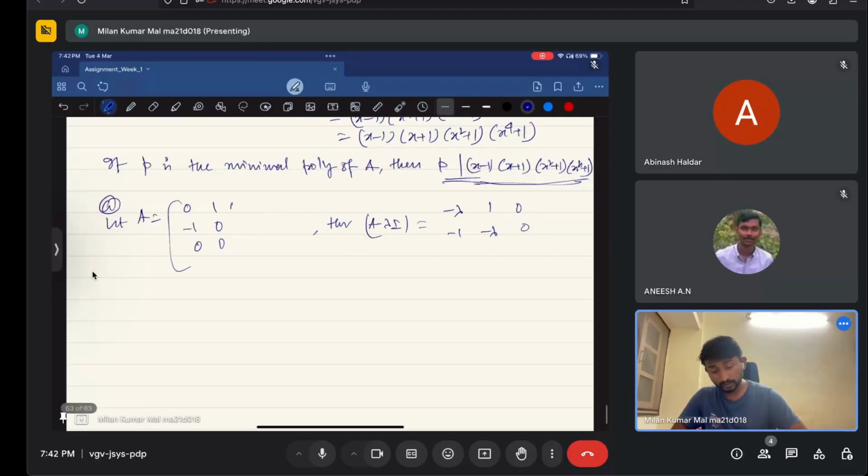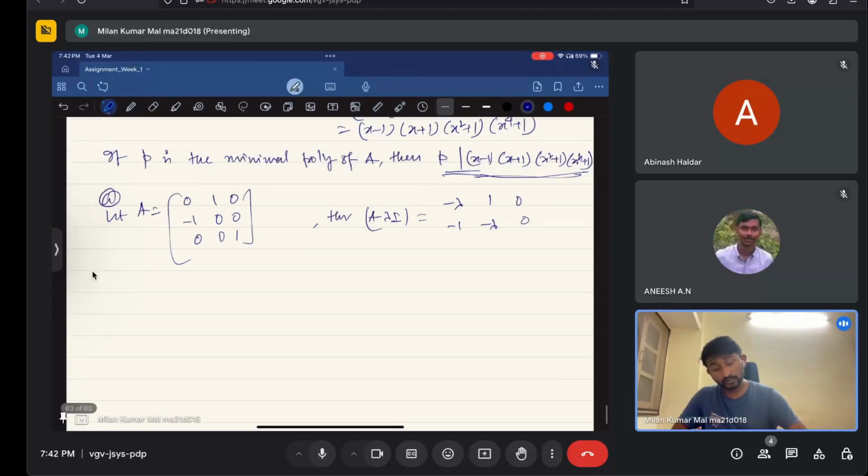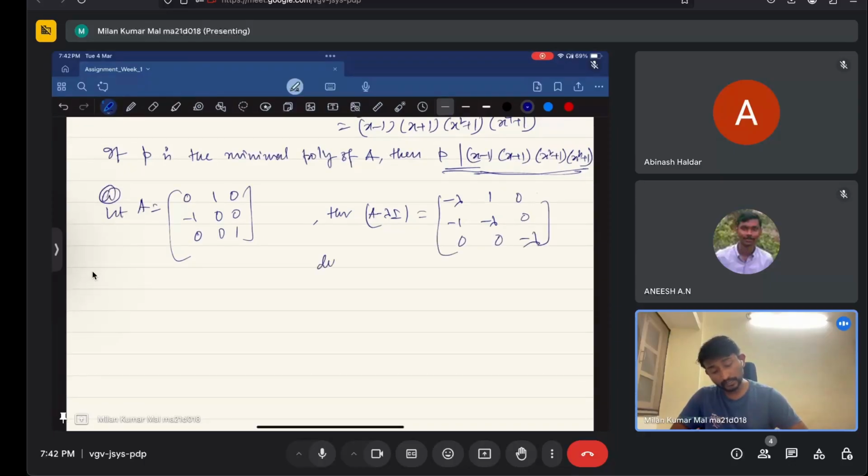Then one can look at the determinant of A minus lambda I, which equals lambda square plus 1 times the remaining factor.